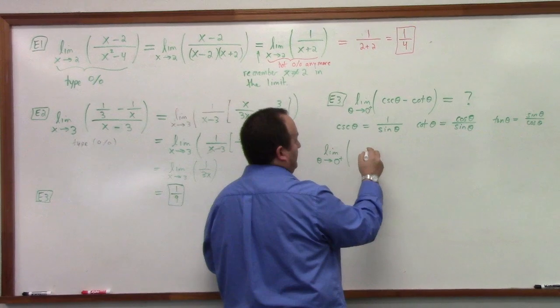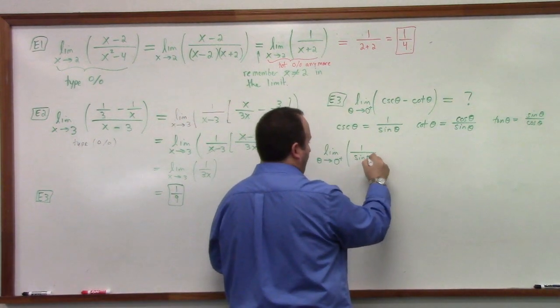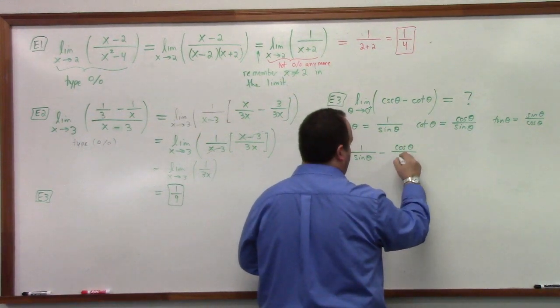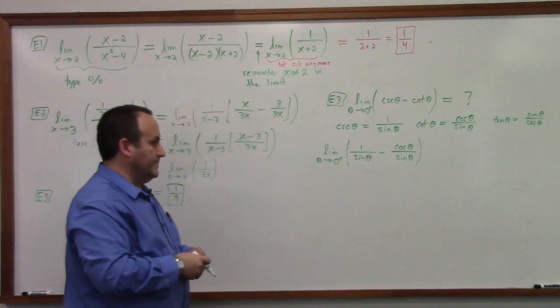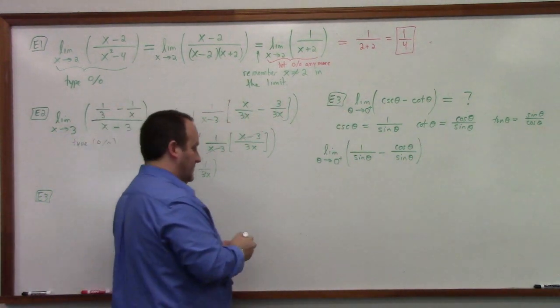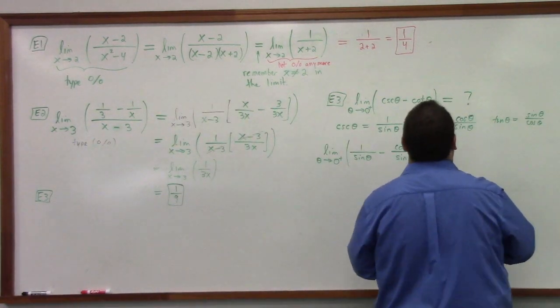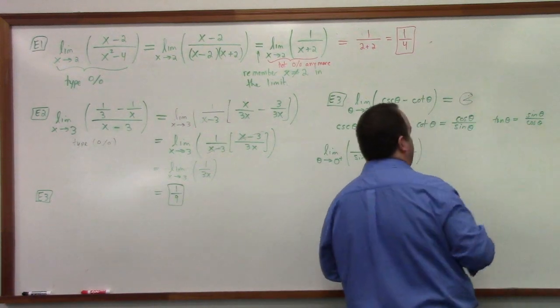So we're looking at 1 over sine theta minus cosine theta over sine theta. Here, let me give this thing a label. I'll use Pac-Man. There we go.